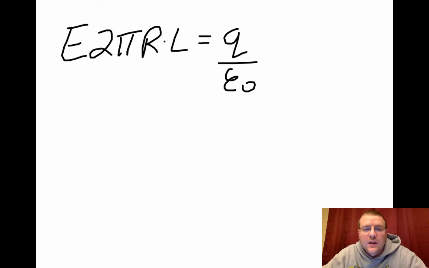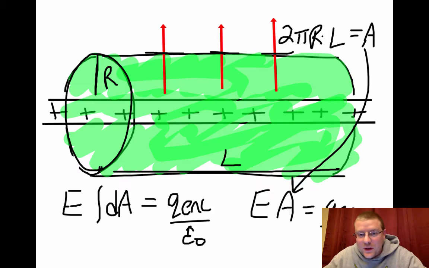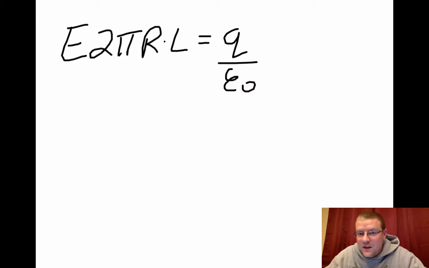So now I've got an expression to find my electric field. I just want to solve for E, but I'm going to do one last thing. Since this is an infinite line of charge, the charge enclosed is really a charge along a length. If you go back to the picture, the charge that's enclosed is the charge along this L here, which is the length of my imaginary Gaussian cylinder.